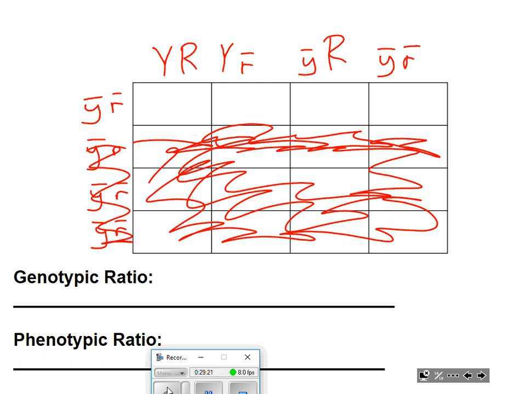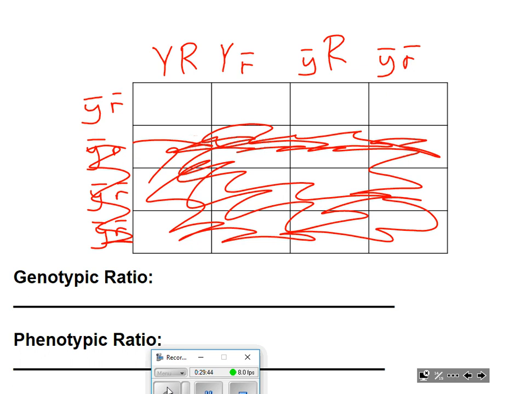Now, what I want you to do for your homework, and we'll start off tomorrow with this, I want you to get the genotypic and the phenotypic ratio for that cross right here. Okay? Remember, what are genotypes?